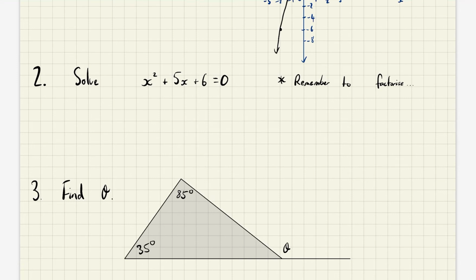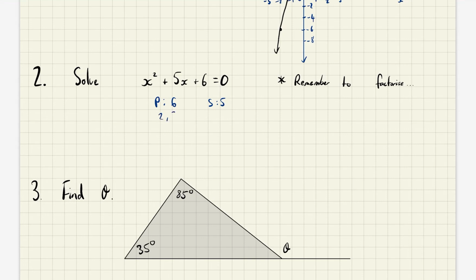For question 2, we need to solve x squared plus 5x plus 6 is equal to 0. Now Nate made a note to remember to factorize. So remember, when we're factorizing, we're going to do the product sum. So the product, what multiplies to get 6, and the sum, what adds to get 5.